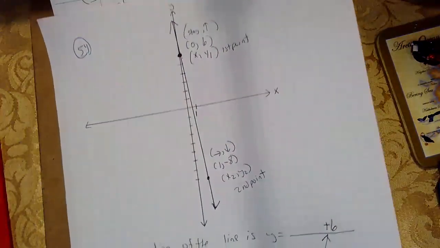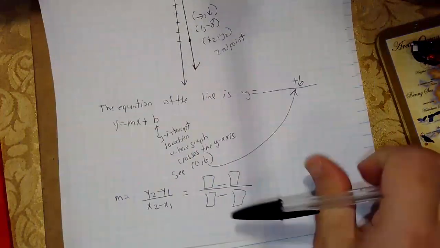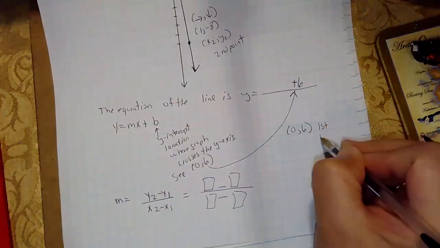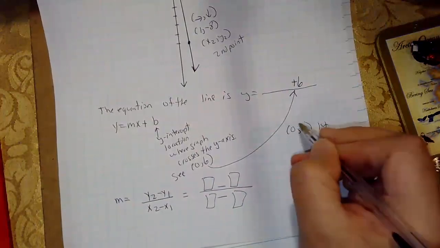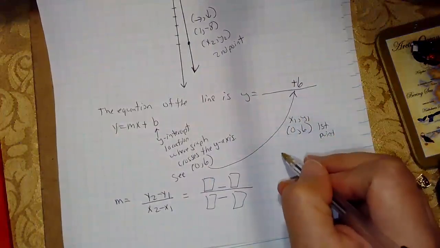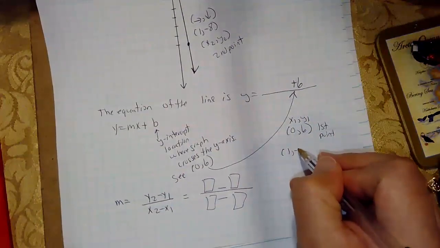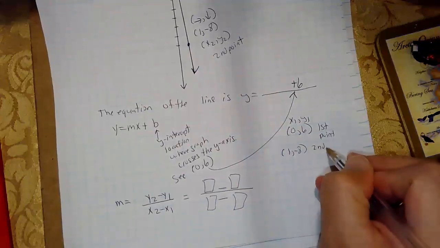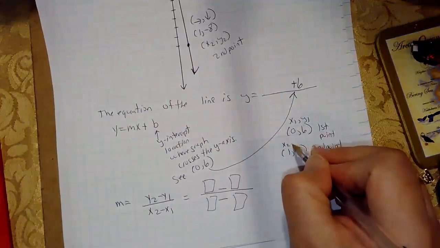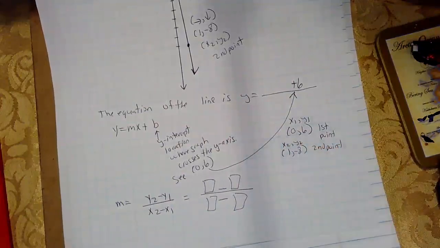So now I'm gonna plug those in, okay? So I'm gonna do that down here. 0, 6 was the first point, x1, y1, and then 1, negative 8 was the second point, so I made that x2, y2. Okay, so I'm going to do a substitution.